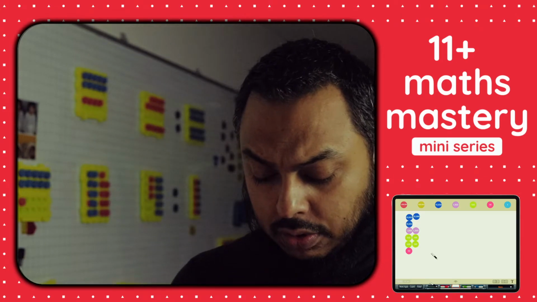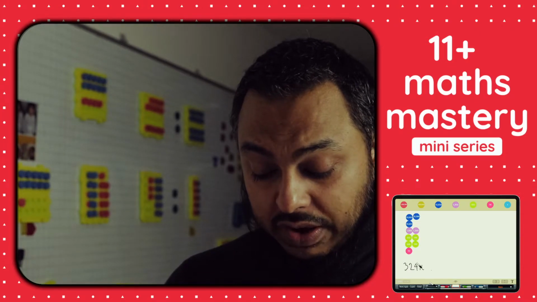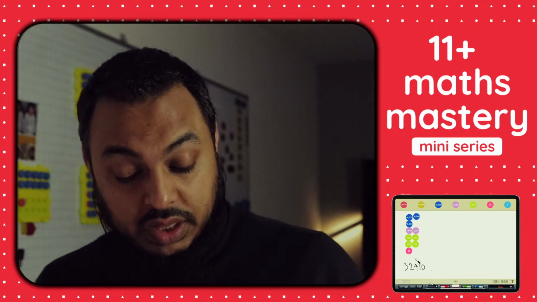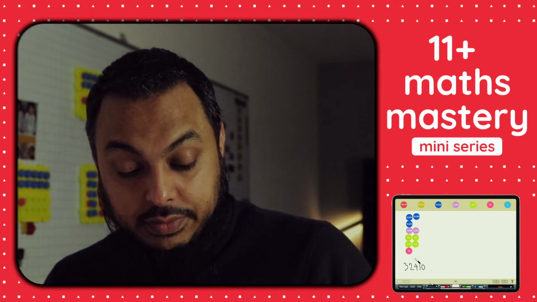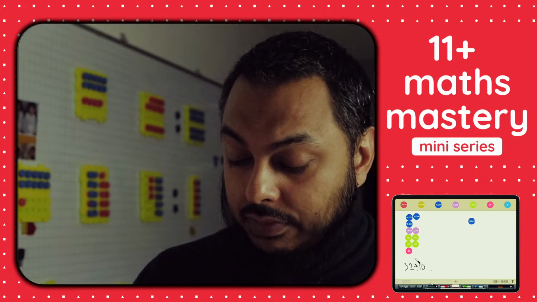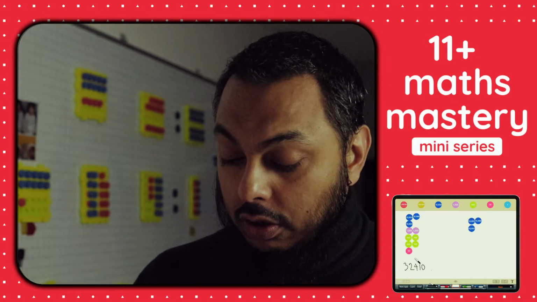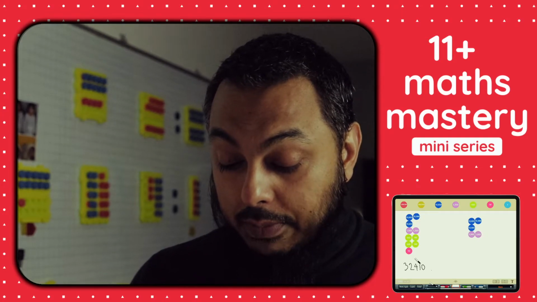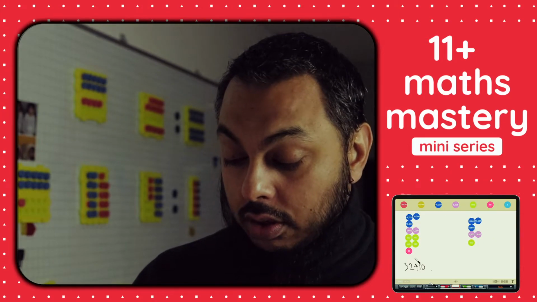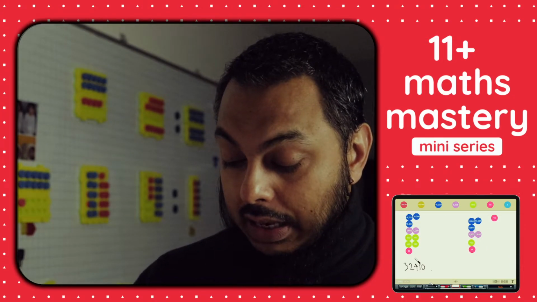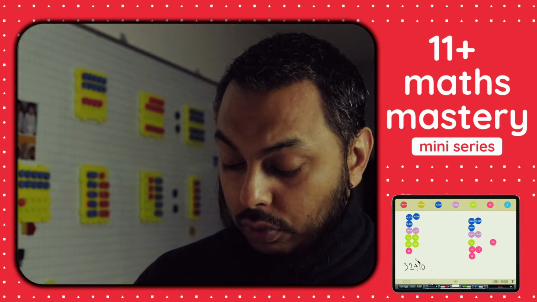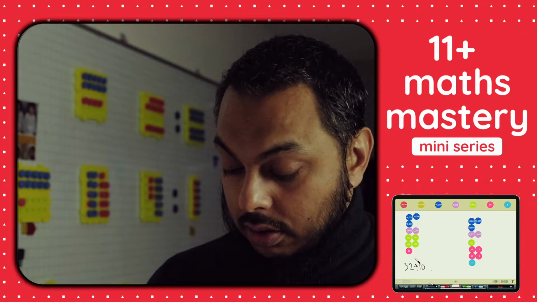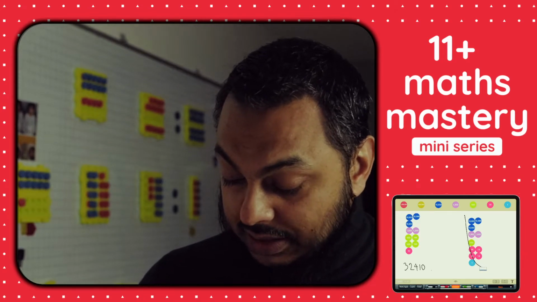Let me write that down. 32,410. I don't have any ones, so 0 for the ones column. And if I have another number here, let's say it also has 3 lots of 10,000s, and I've got 2 lots of 1000s, and I've got 141.